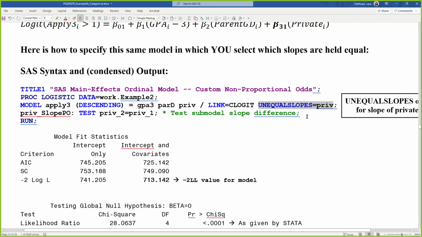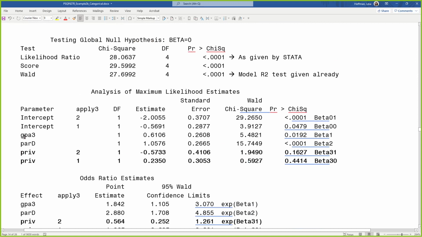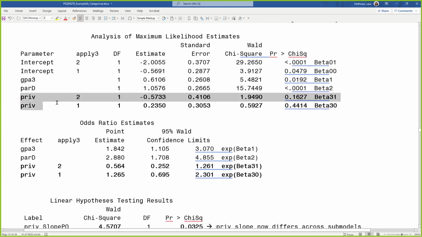If you just type that, they're all unequal across submodels. If you only want certain ones to differ across submodels, then you list the ones you want to differ. And so then the other two are constrained equal across submodels, back to what we started with, and this one gets to differ across submodels.